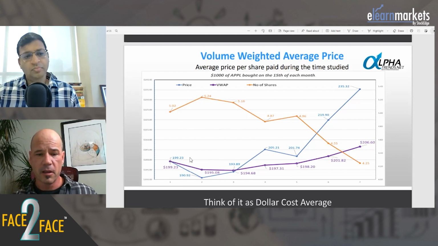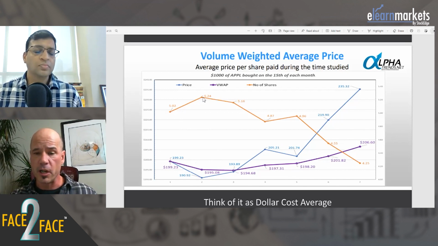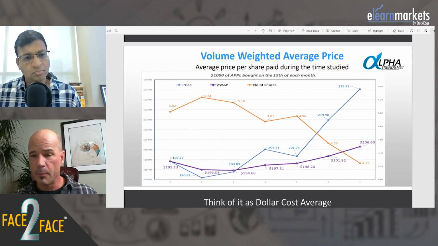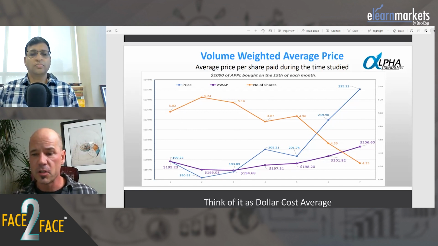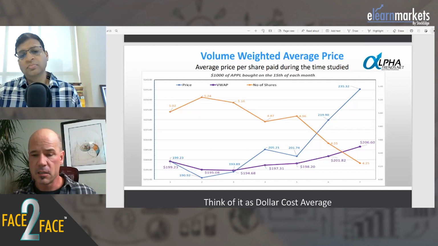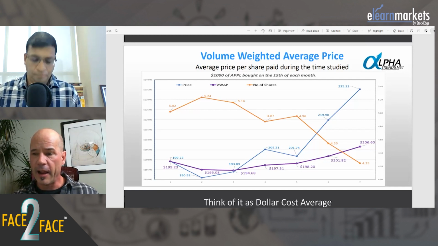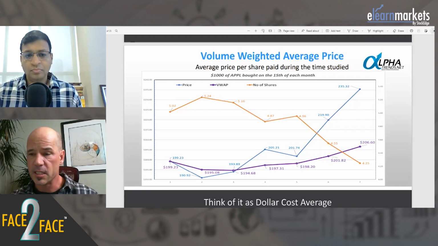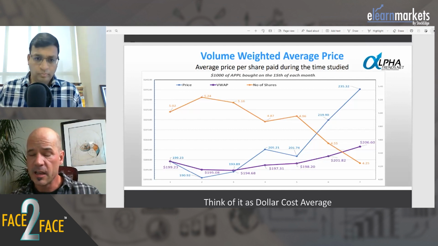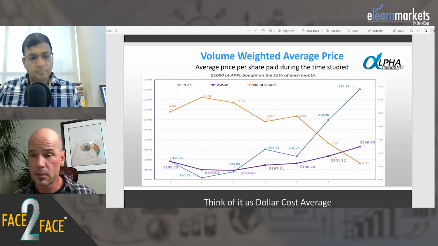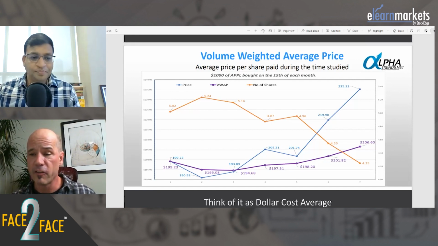Well, the next month, the stock dropped to 190. So it was down 9 points. So we were able to buy 5.2 shares. When the stock was up at 235, we bought 4.25 shares. So at the end of this, here's our volume weighted average price. Our average price was 206.60. That's our cost basis. That's our VWAP, our volume weighted average price.